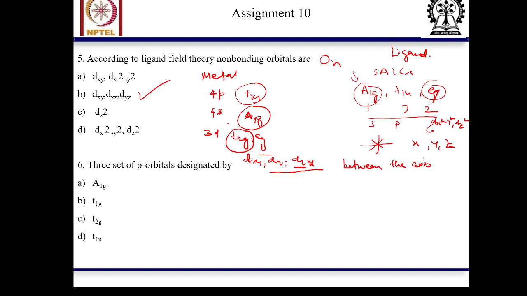Sir, T1u. Yeah. Basically, if we take the help of symmetry, your p orbital is degenerate at T1u. I have already told you, 4s will be A1g and 4p will be T1u.